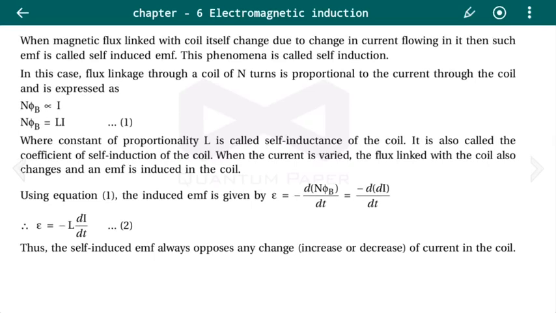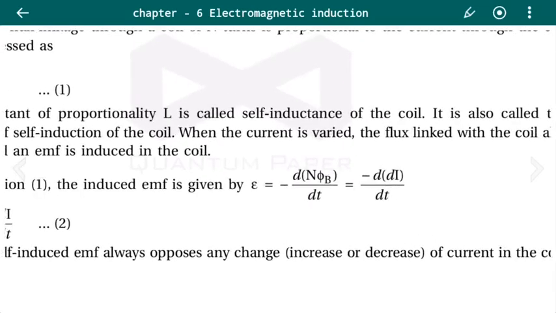When the current is varied, the flux linked with the coil also changes, and an EMF is induced in the coil. So we can write the equation of the EMF: epsilon equals minus d(N phi B) upon dt.